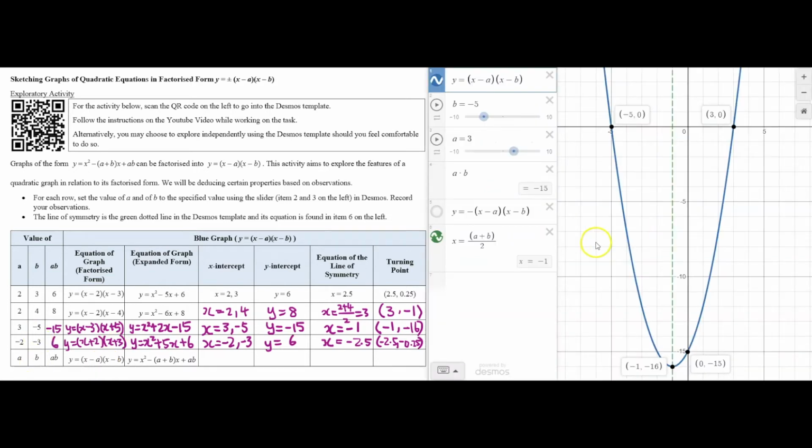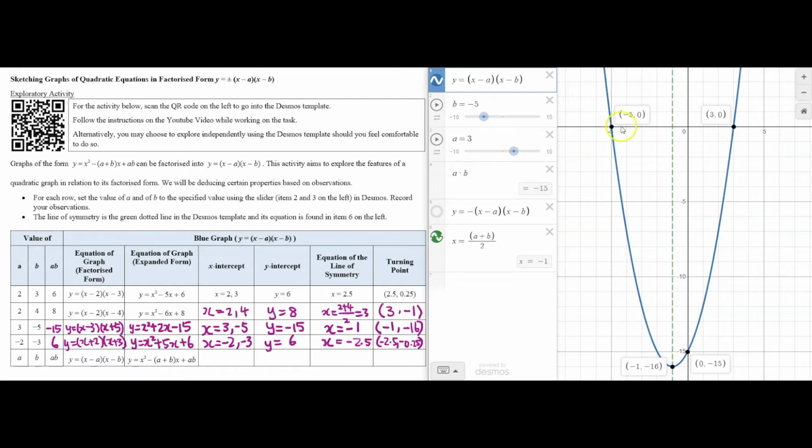Now I'm going to show you the situation on the graph for a equals 3 and b equals -5 first. For this situation, I have x-intercepts of -5 and 3, so x equals 3 and -5. The y-intercept is -15.